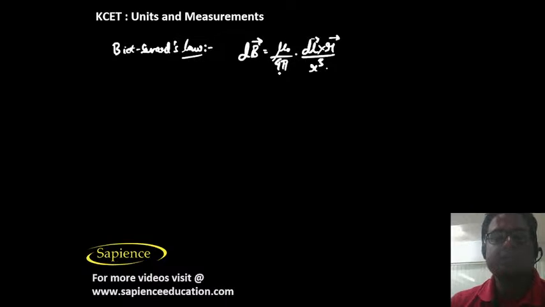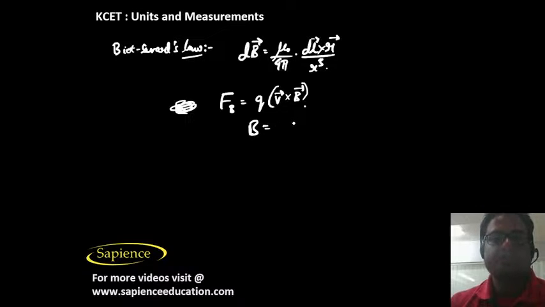Okay, so then for B, we know that the magnetic force is given as Q into V cross B. So B will be equal to force by charge into velocity, and that is given as mu naught by 4 pi into length into r by r cube.